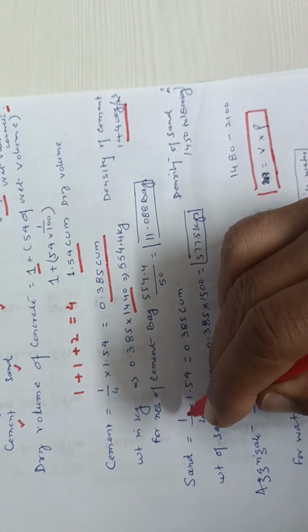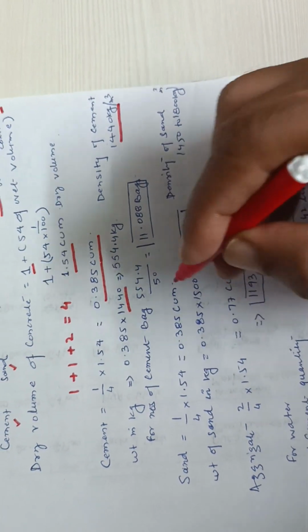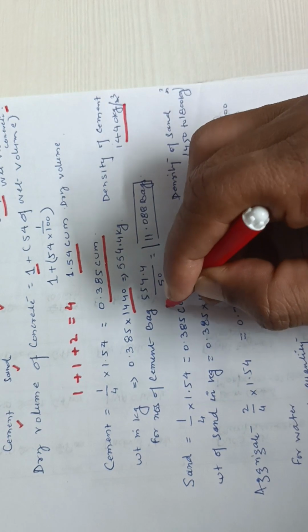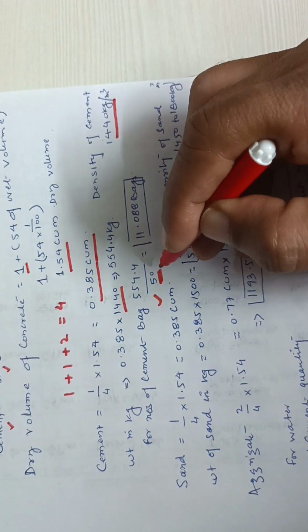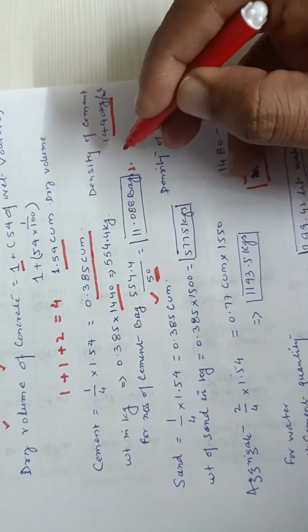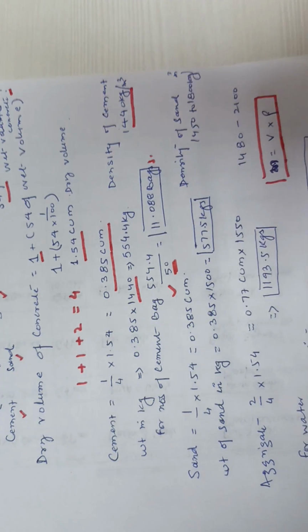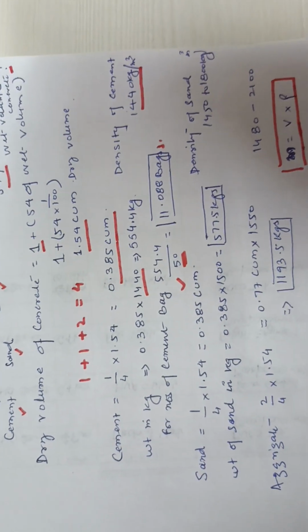Now for the number of bags, as we know, one bag of cement is 50 kg. Then 554.4 upon 50 equals 11.088 bags required for 1 cubic meter of M25 grade concrete.